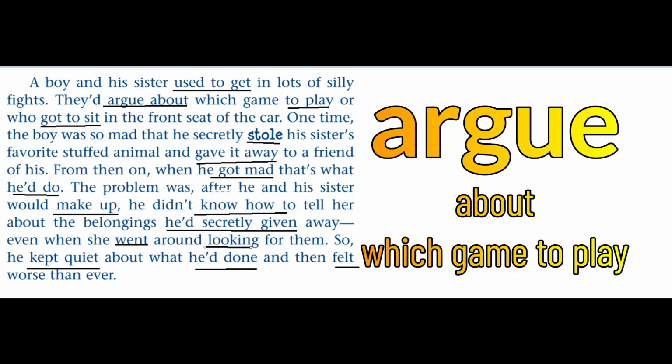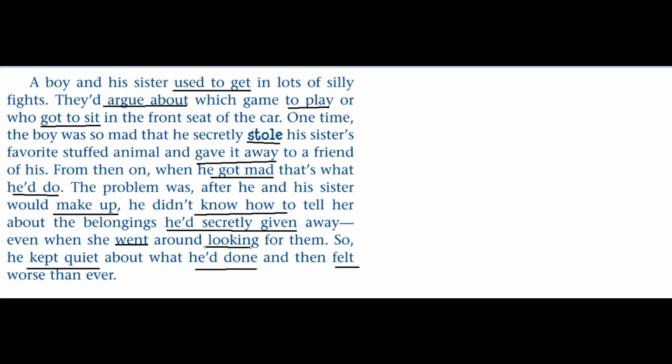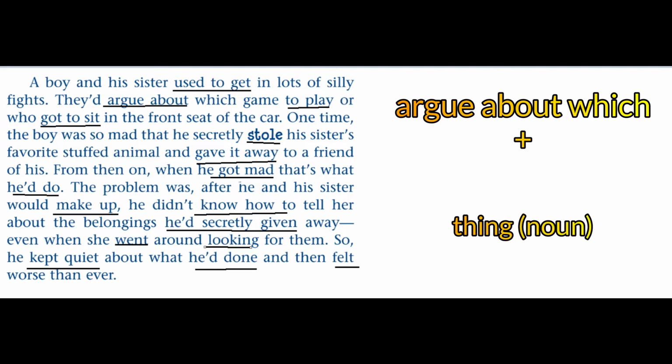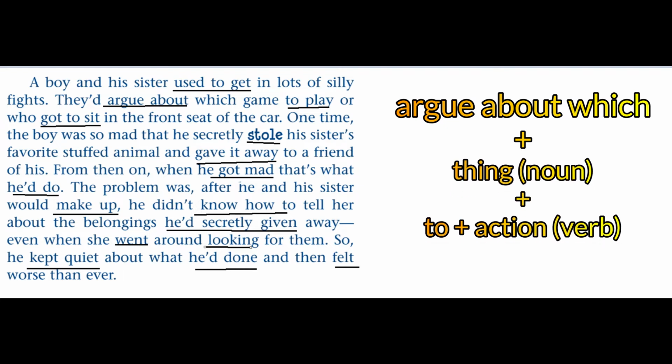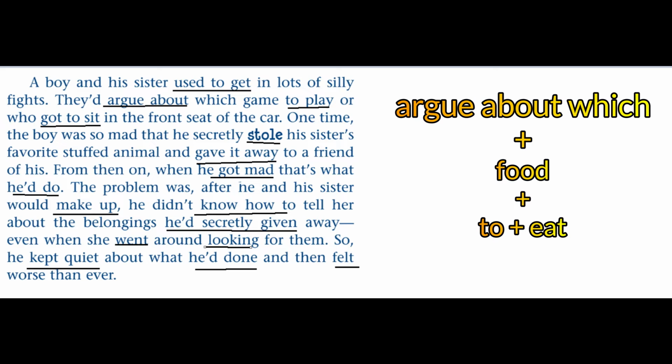And play is an action or a verb. And we have argue about. So argue about which plus that thing plus to and that action. So argue about which food to eat.